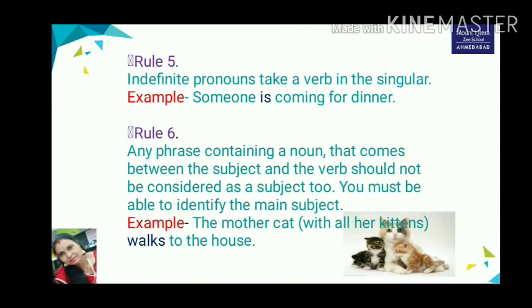That phrase we cannot consider as a subject. So we must identify the main subject. For example, the mother cat with all her kittens. With all her kittens is the phrase. So here kittens are also a noun, but our main subject is mother cat. So mother cat is singular, so we use a singular verb here, walks to the house.